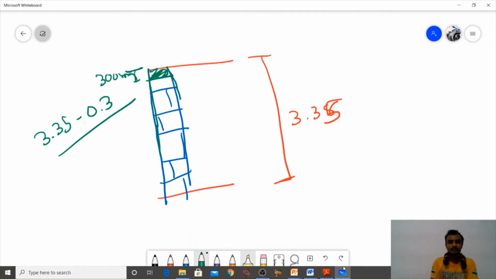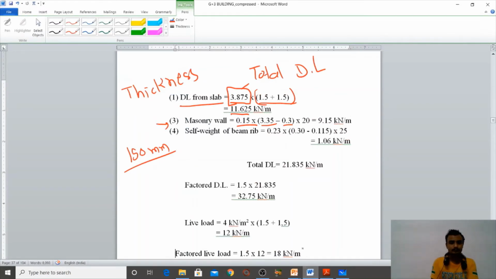Then into 20, where 20 is the density, the unit weight of the wall. So it is 9.50 kilonewton per meter for the masonry wall.